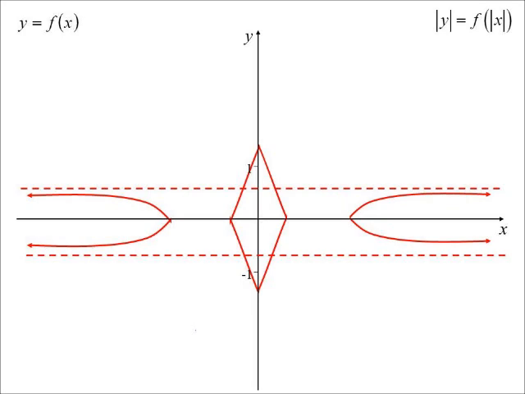So that's absolute value of y is equal to function absolute value of x. As I say, the other way you could think about that is, if I had drawn y equals function absolute value of x, you remember what happened there? We said whatever's on the left disappears and I reflect over. But now I'm going to say absolute value of y equals that new graph. Whatever's below disappears and now gets reflected in the x-axis. So we get the same shape.